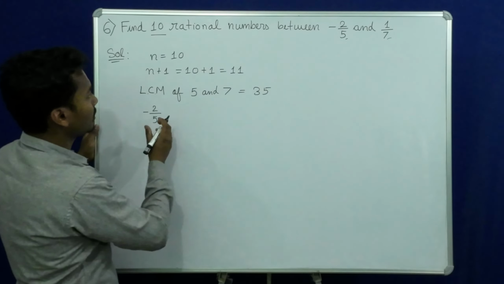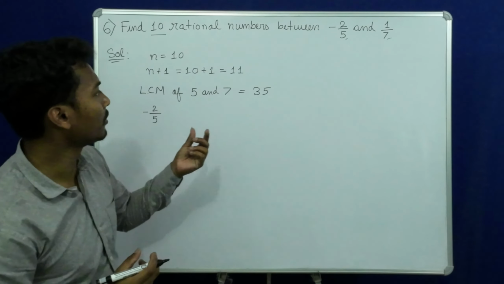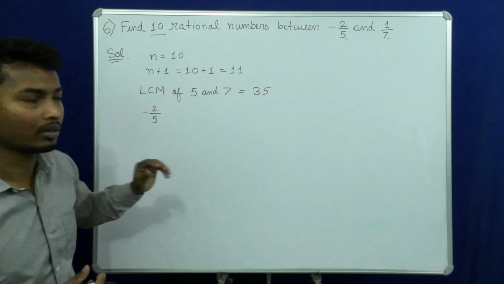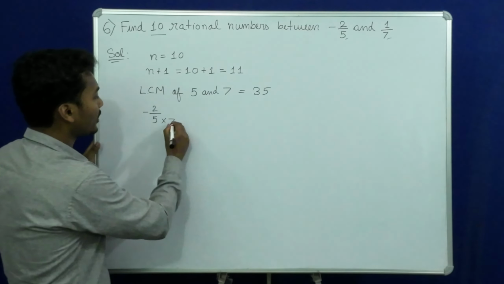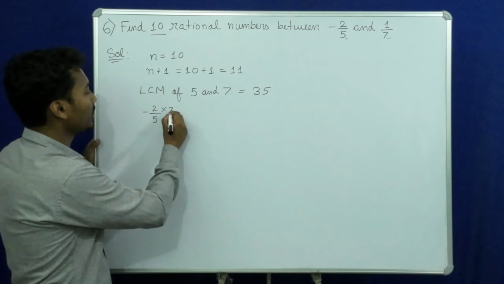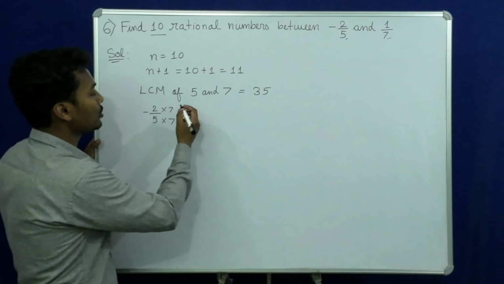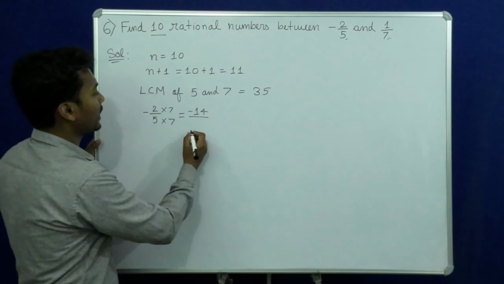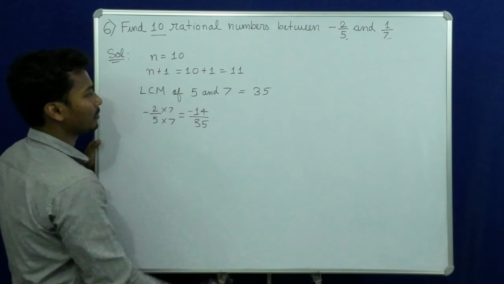What will be the number which we will multiply with 5 to make it 35? 5 into 7. So we can multiply 7 to the denominator. Now if you multiply something to the denominator, multiply the same to the numerator. The result will be negative 2 into 7, negative 14 by 35.